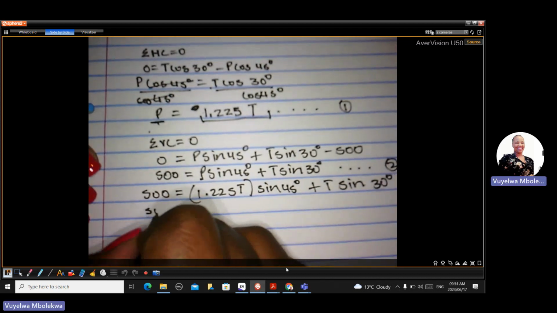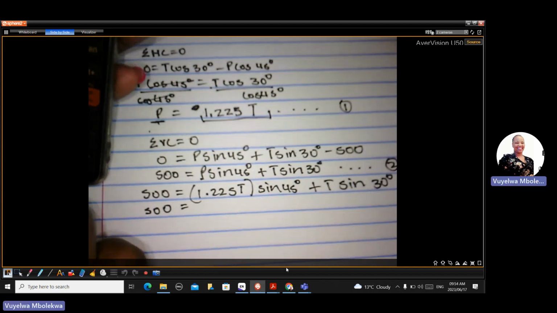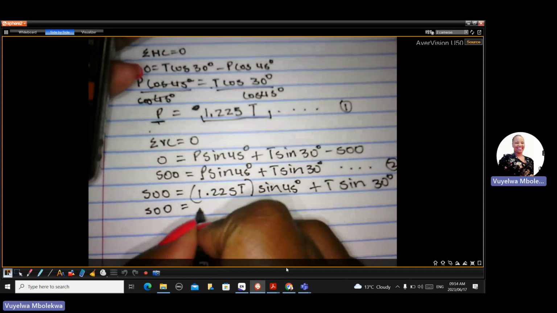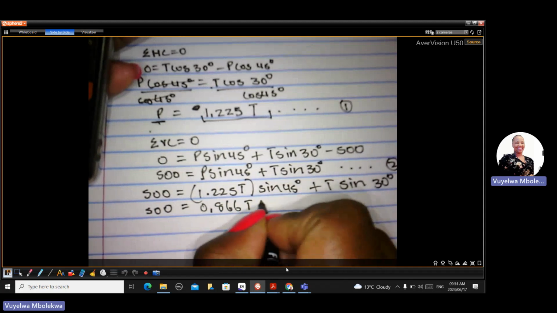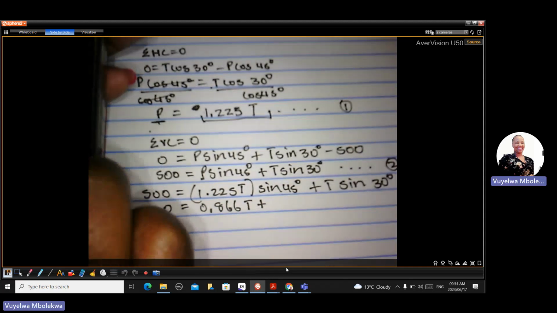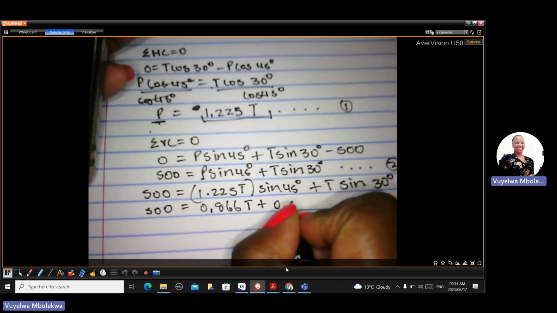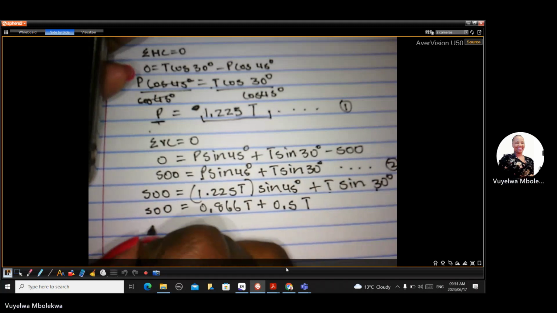So now we do the maths. 500 equals, 1.225 times sin 45 gives us 0.866T, plus sin 30, which is 0.5T. So we do the maths.